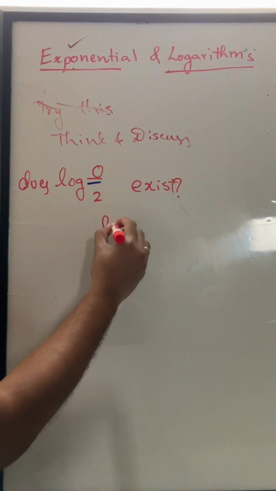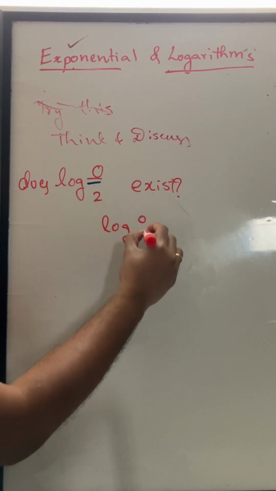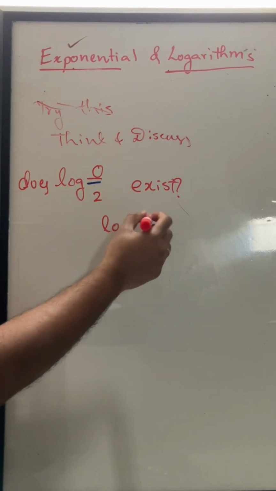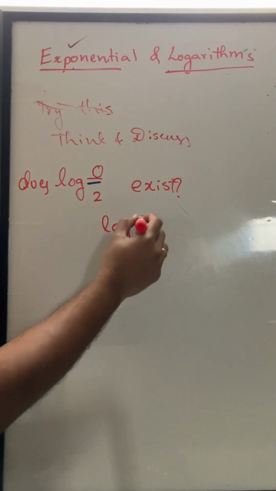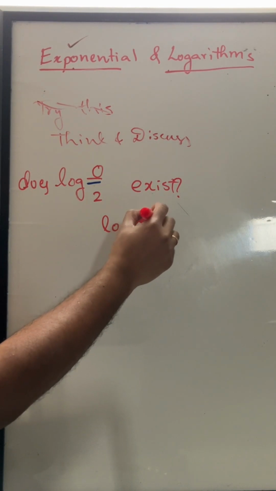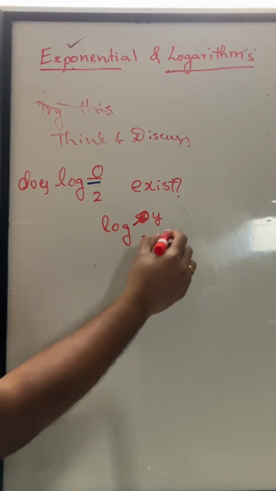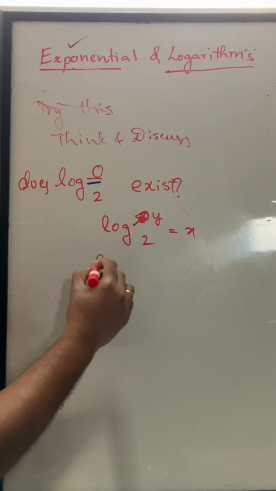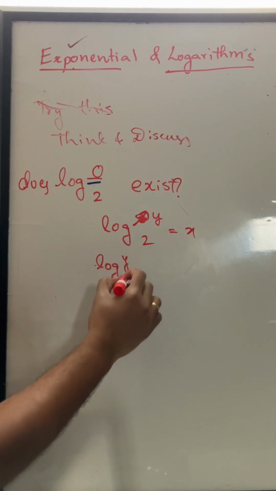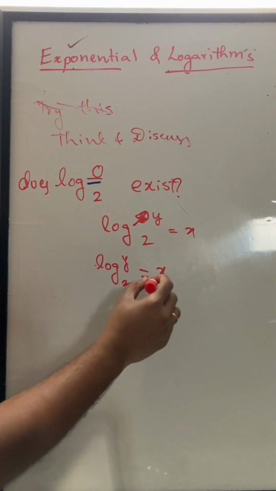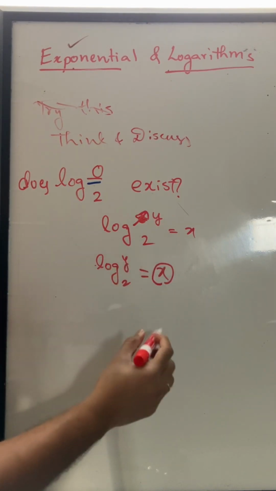So he is asking us to do log 0 base 2, right? For the time being, remove x and put it as y. So log y base 2 equal to x. He is asking what is the value of x when y equal to 0.